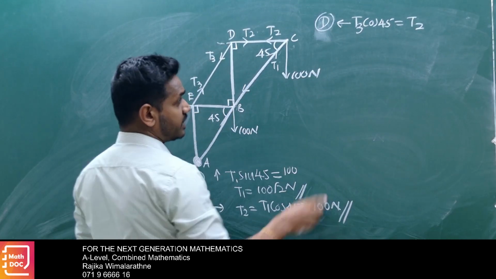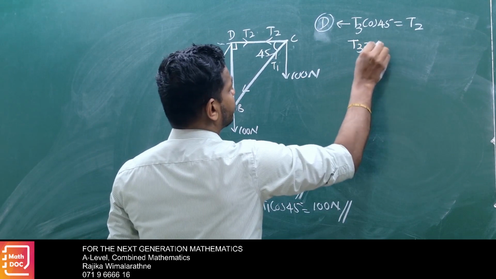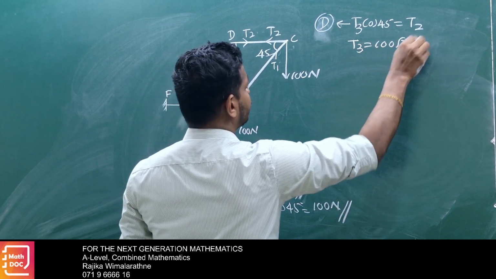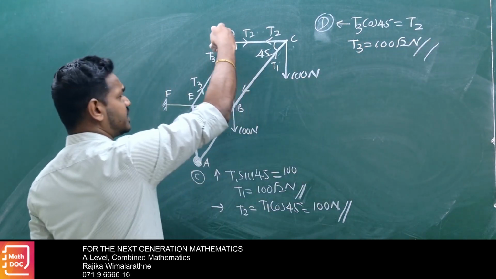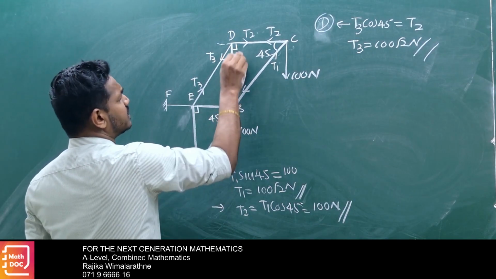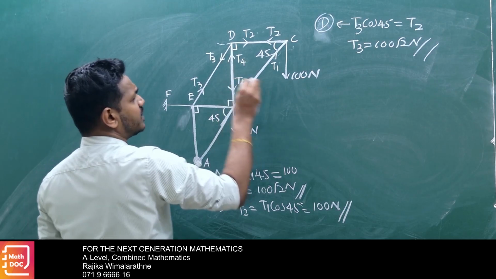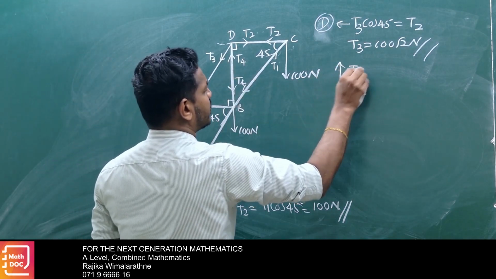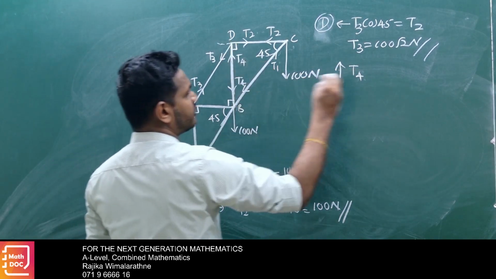T2 equal 100. Then T3 100 root 2. Then the T3 vertically downward component is cancelled by this T4. Then T4 equal T3 sin 45.